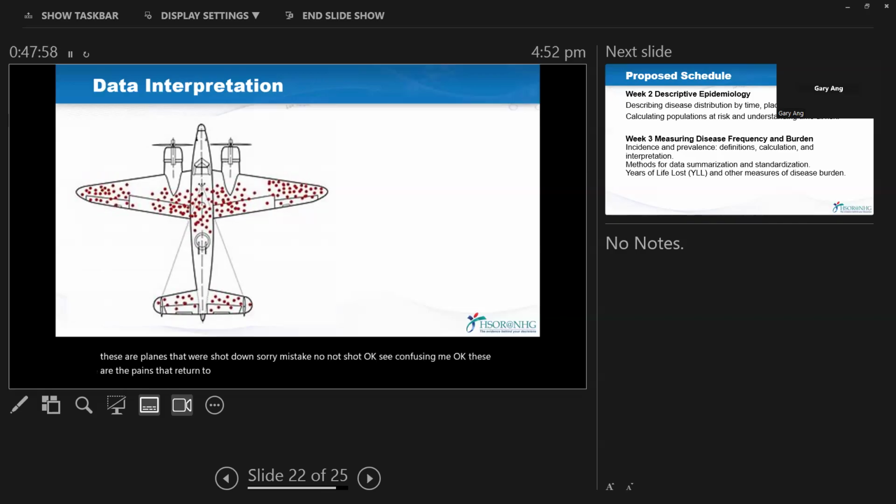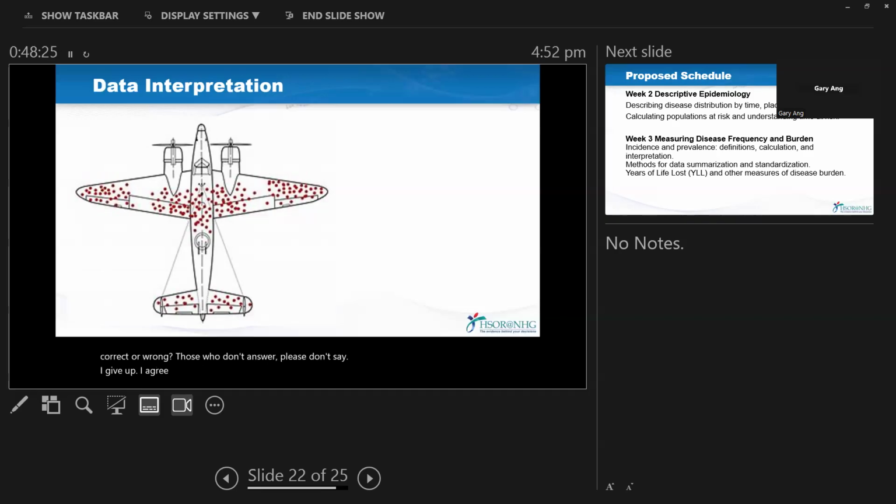Based on the planes that return to the base, you look at this and say, let's reinforce those bullet areas, because these areas have so many bullet holes, right? So this is the quick level 1 thinking. We see a lot of holes with a lot of red dots. Let's reinforce this area. Is it correct or wrong? Those who don't know, please don't say. I repeat again.